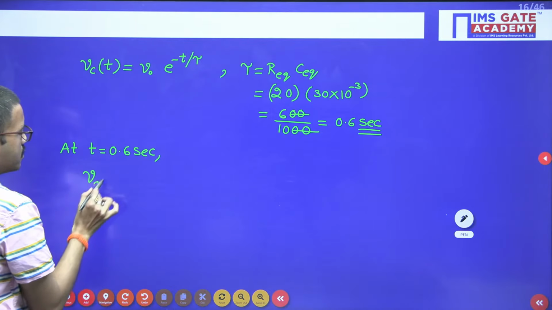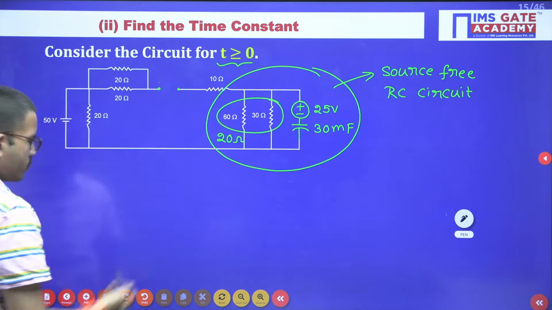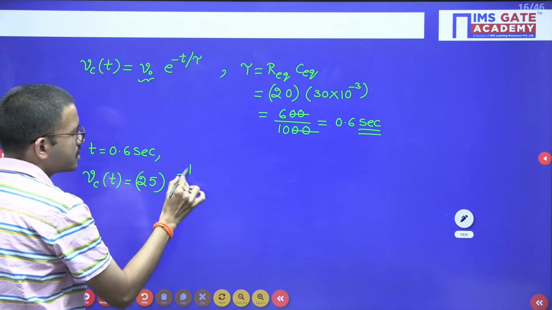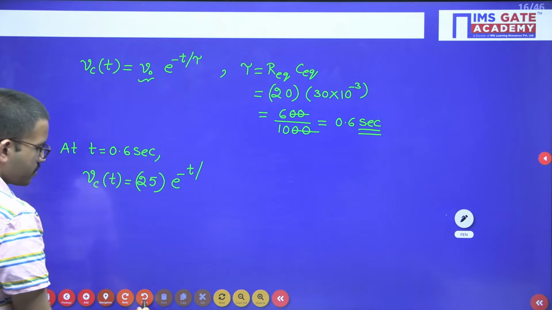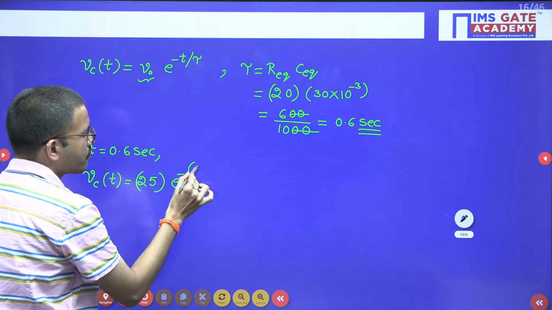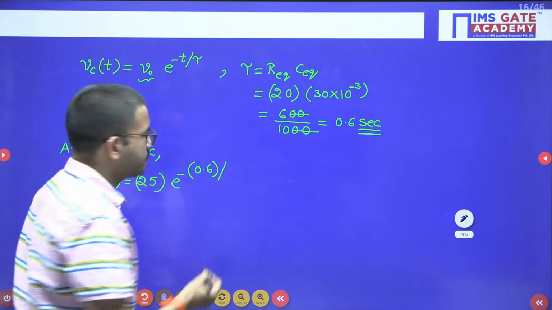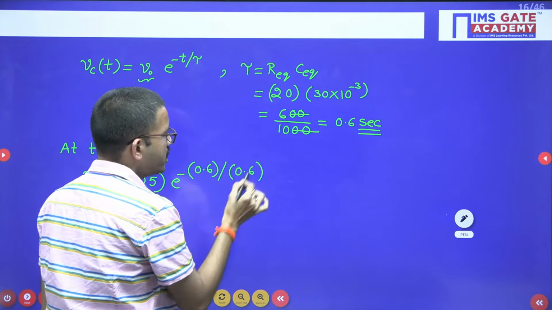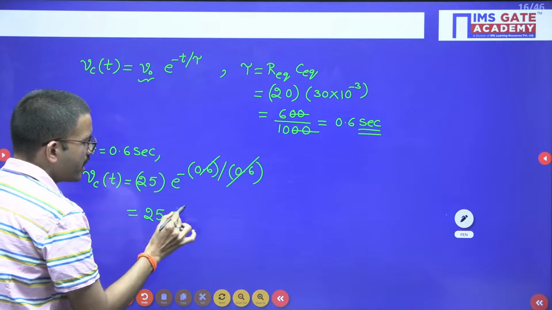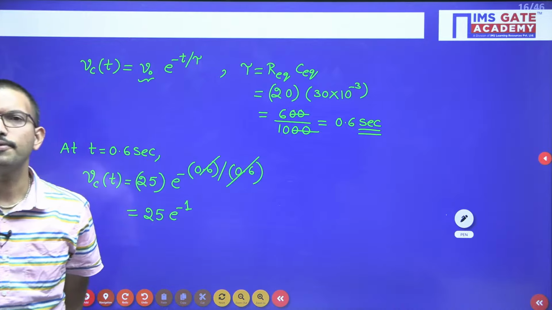The voltage across the capacitor: V naught, the initial voltage, we got 25 volts. 25 into e power minus t by tau. The t value they have considered is 0.6 seconds, so 0.6 divided by the tau value, which we just got as 0.6 only. So 0.6 will get cancelled, and you are getting 25 into e power minus 1. So all of you do the calculation. You can use your calculator or you can use mobile.